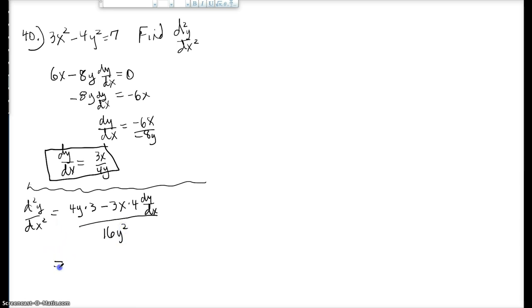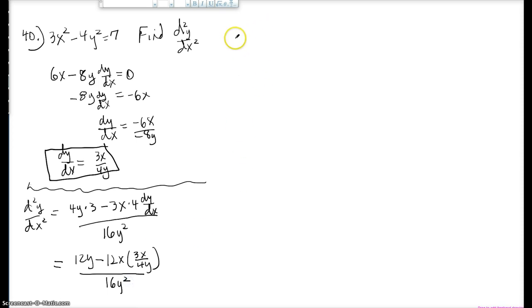What you have to do now is replace dy/dx with what dy/dx equals. Minus 12x times what dy/dx equals, 3x over 4y, all over low squared.